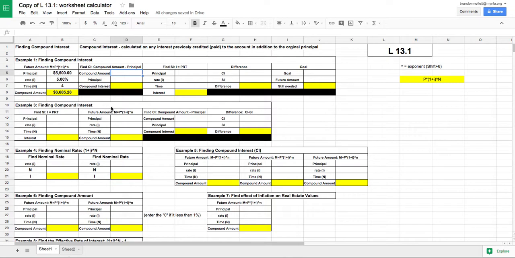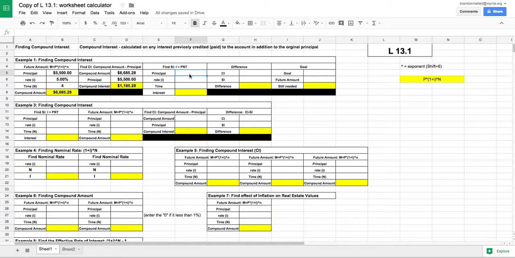Now for part 2, they want us to find the amount of interest that was earned. So we're going to use our maturity value, which we just found here. We're going to use our principal, and we're going to calculate compound interest. So we're going to do equals compound amount minus principal, enter.